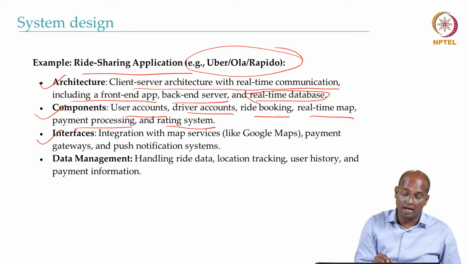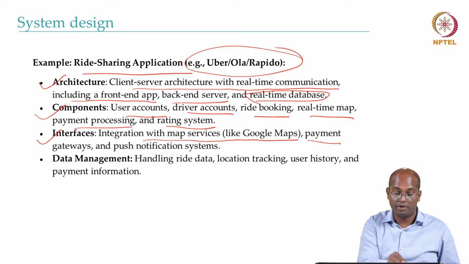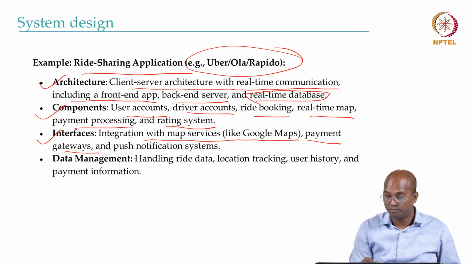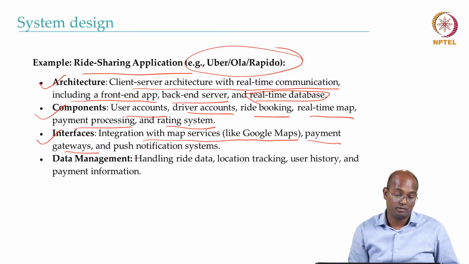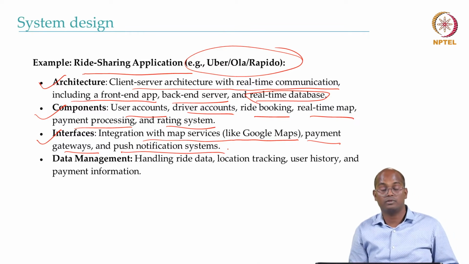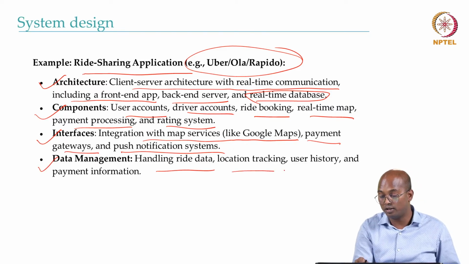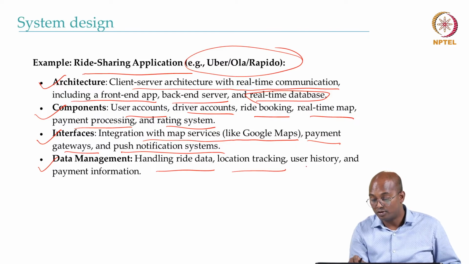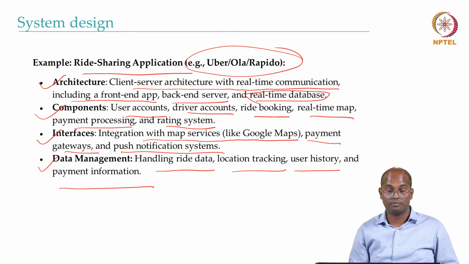The interfaces include integration with map services like Google Maps, payment gateways, say Google Pay, credit card, Razorpay, and so on, and push notification systems. Data management handles ride data, location tracking, user history, and payment information.